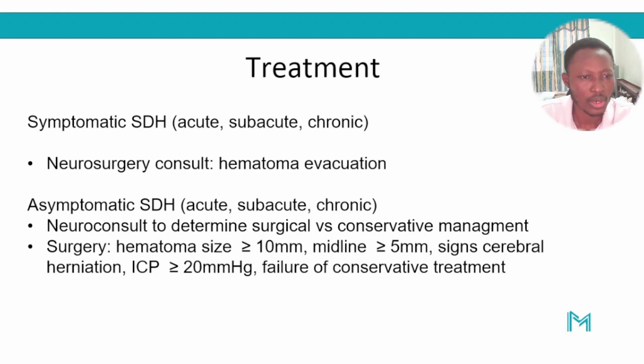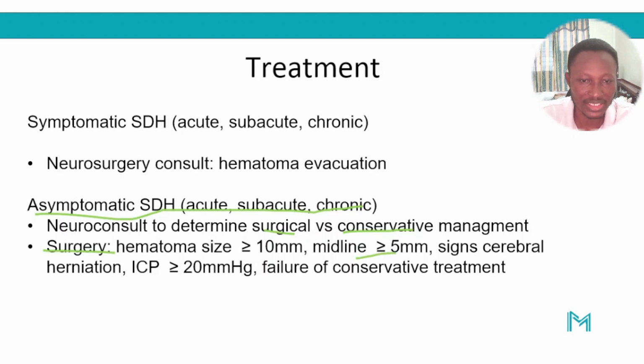But for asymptomatic patients, whether it's acute, subacute or chronic, you still need to consult a neurosurgeon, and the neurosurgeon will decide whether there's going to be surgical or conservative management. For surgical management in asymptomatic SDH, typically when your hematoma size is greater than 10 millimeters, that's an indication for surgical evacuation.